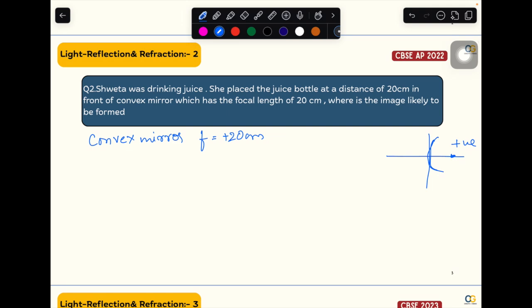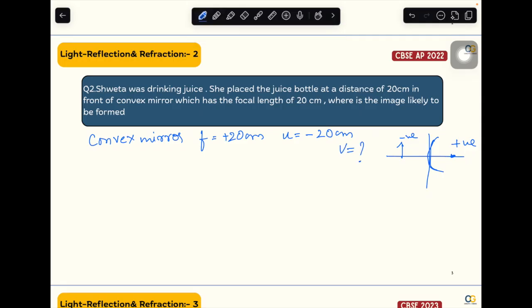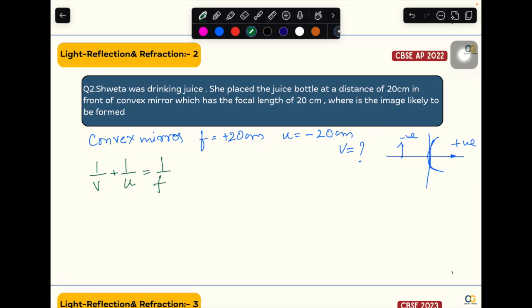And she placed the object at a distance of 20 centimeters in front of the mirror. So this is negative as always. Object distance is negative. So where is the image likely to be? We need to find what is the image distance. So let us use the mirror formula to solve this question. The mirror formula is 1/v + 1/u = 1/f. So 1/v will be equal to 1/f - 1/u.